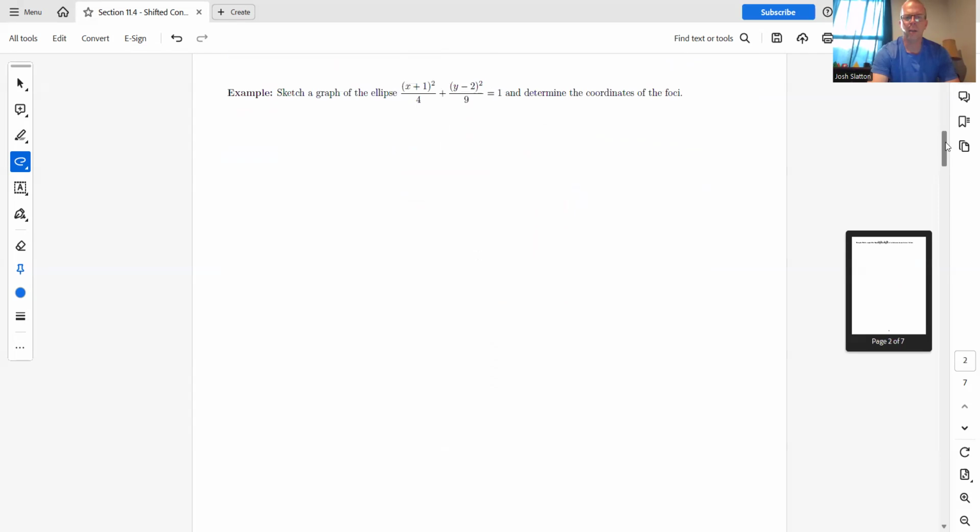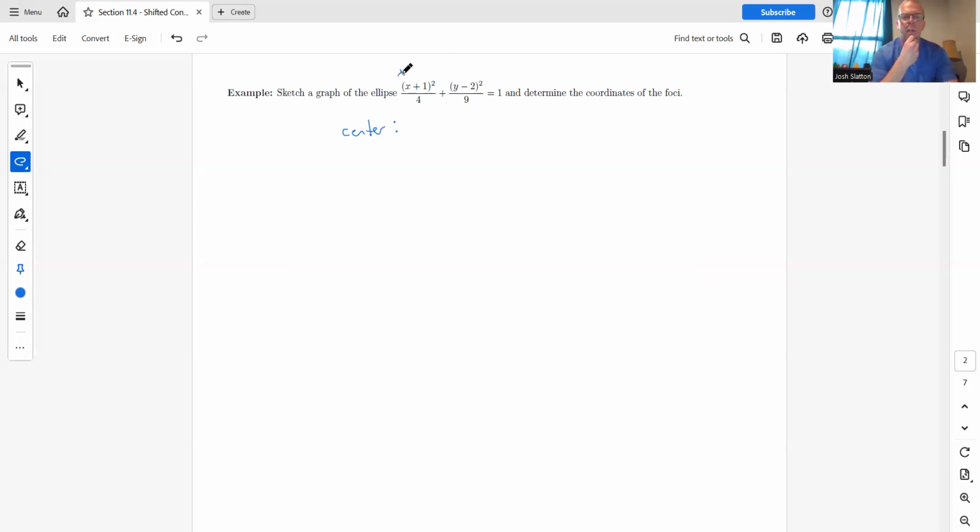So we have x plus 1 squared over 4 plus y minus 2 squared over 9 equals 1. Let's see where this is centered. Now we're going to change both of the signs of these numbers, so that these numbers tell us the coordinates of the center.